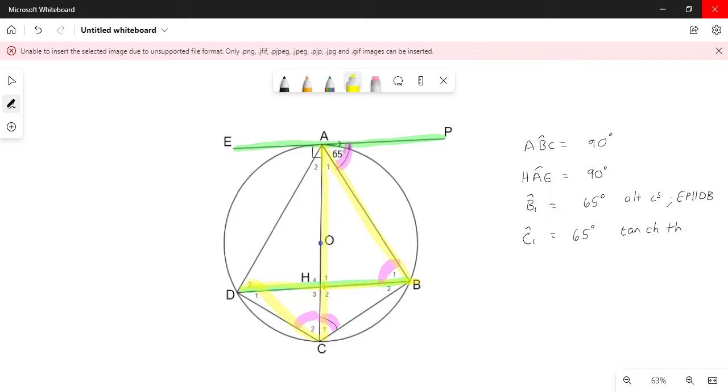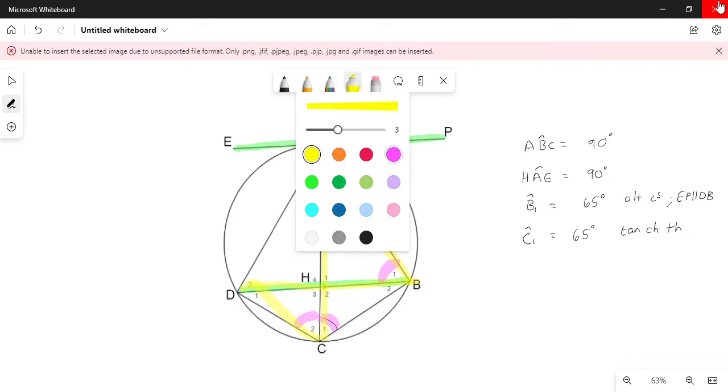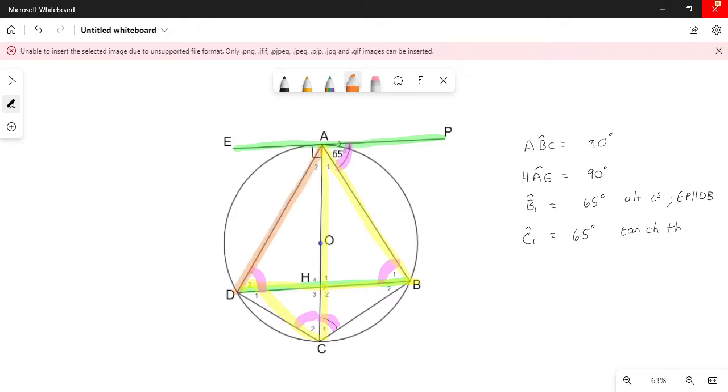Which one? D? Also angles in the same circle segment, right? Is that how you got it? If you look at it like this. Okay? One more.